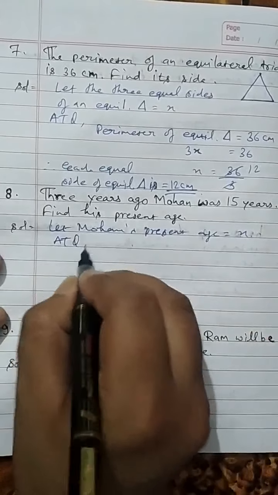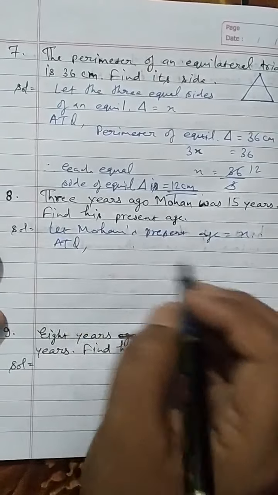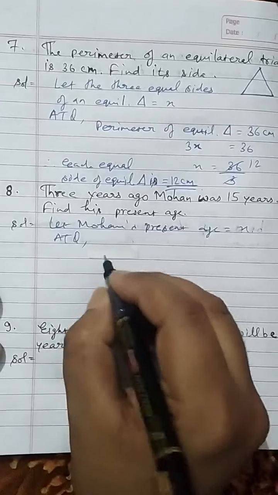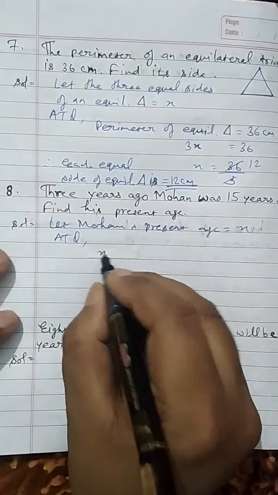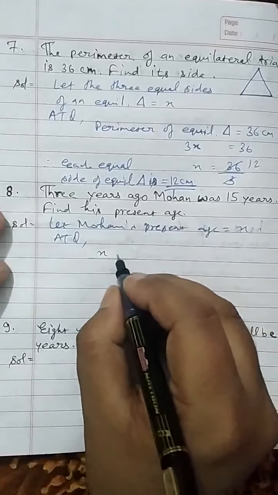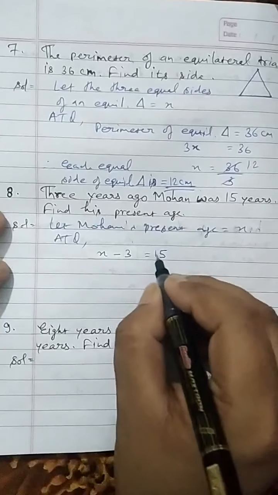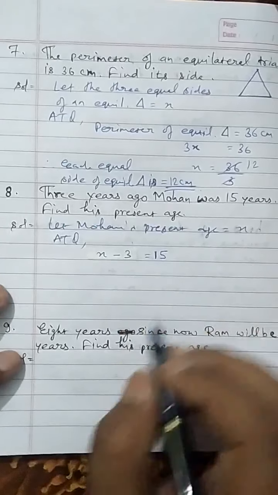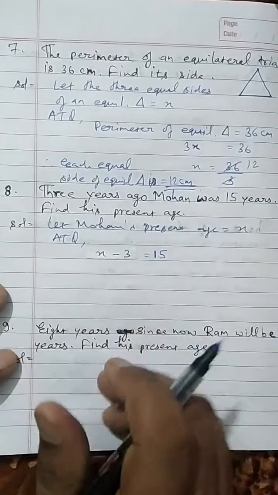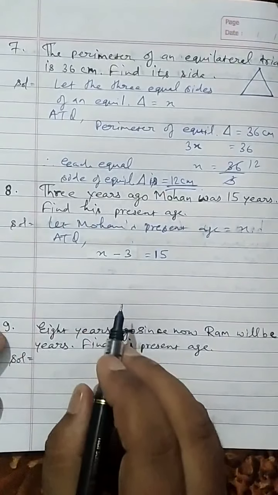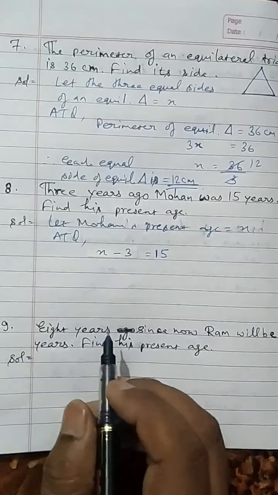According to the question, present age 3 years ago means minus 3 gives you 15. Okay, so this equation you can solve yourself, okay, as your homework.